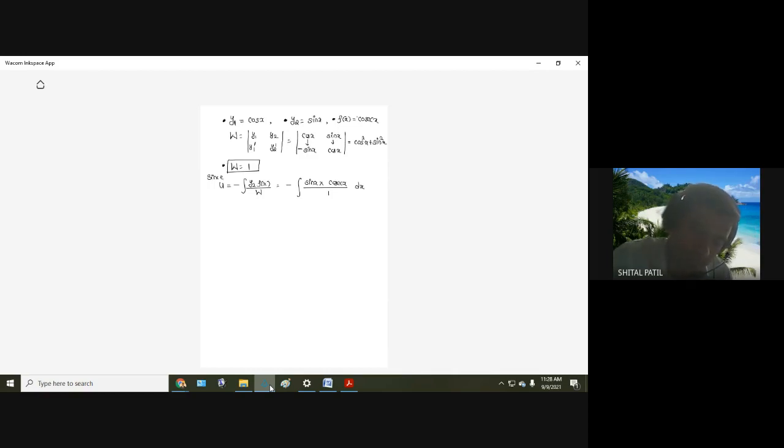Cosec x is 1 upon sin x, so they will cancel, right? So what will remain? Minus of the integral of dx, which is minus x. Simple.